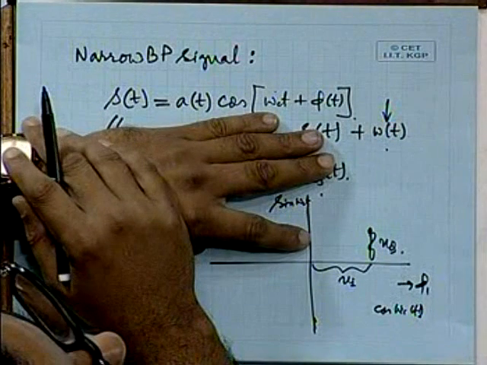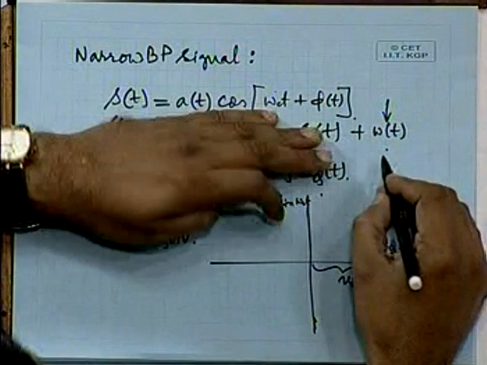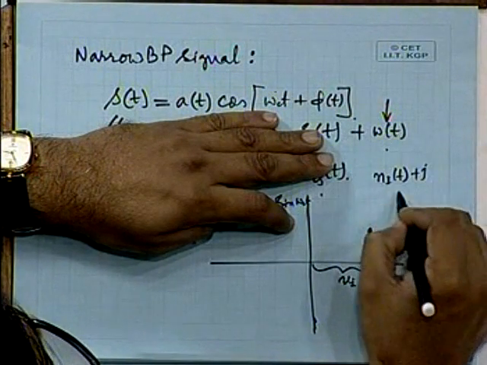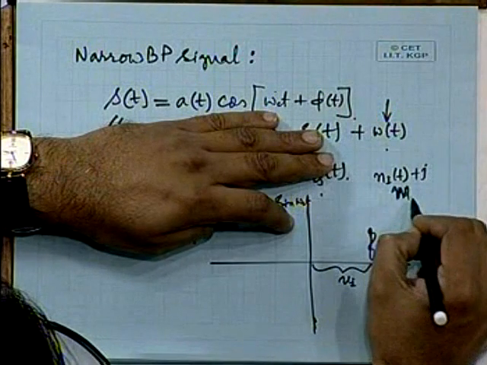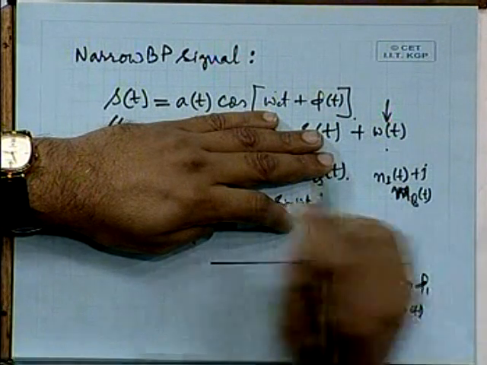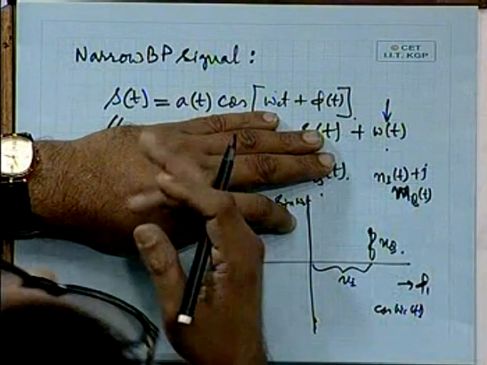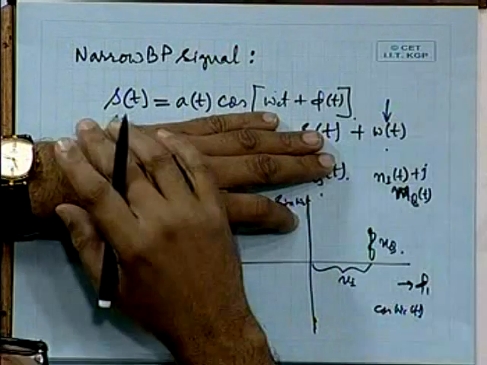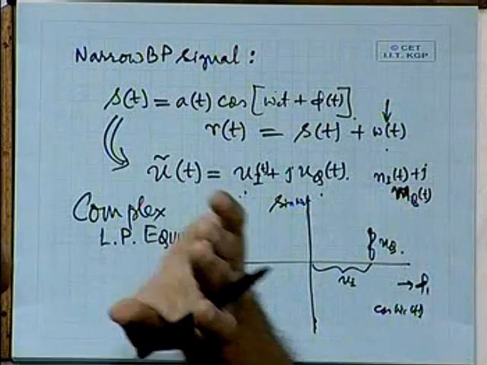So I can equivalently have an equivalent noise description of ni t plus j nq t. There is no problem, because again this ni t, if you visualize, is a very slowly varying random noise, because my noise actually has been filtered.